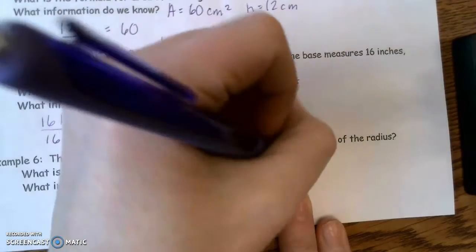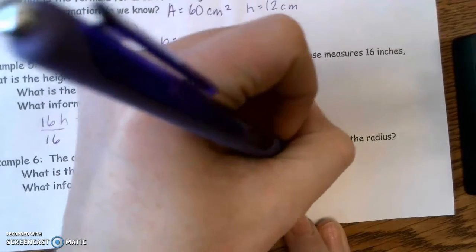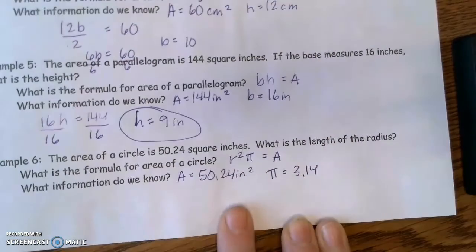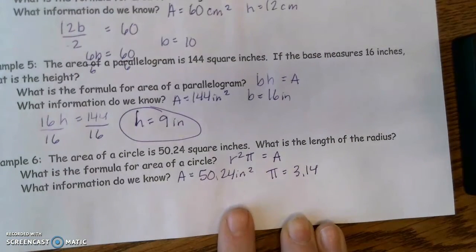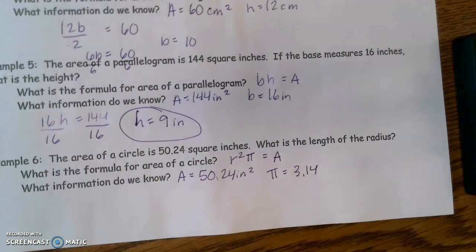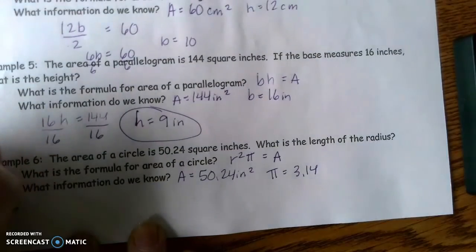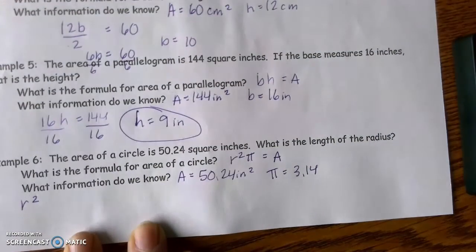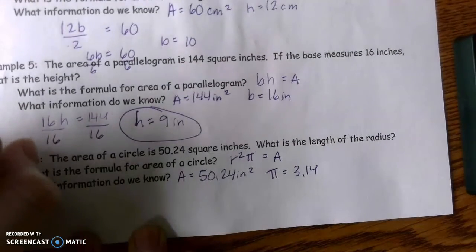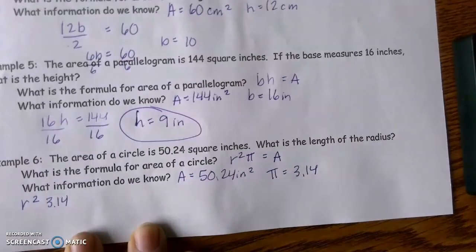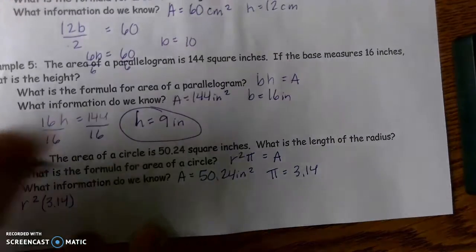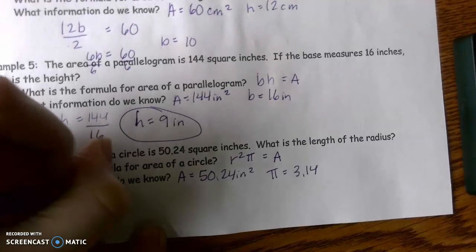We also know the value of pi once again. So pi is just 3.14, so we're going to make note of that. And then I'm going to plug in the information that I know. So I have r squared, and then I have 3.14. I'm going to put parentheses around it just so that you know it's separate. And then I know my area is 50.24.